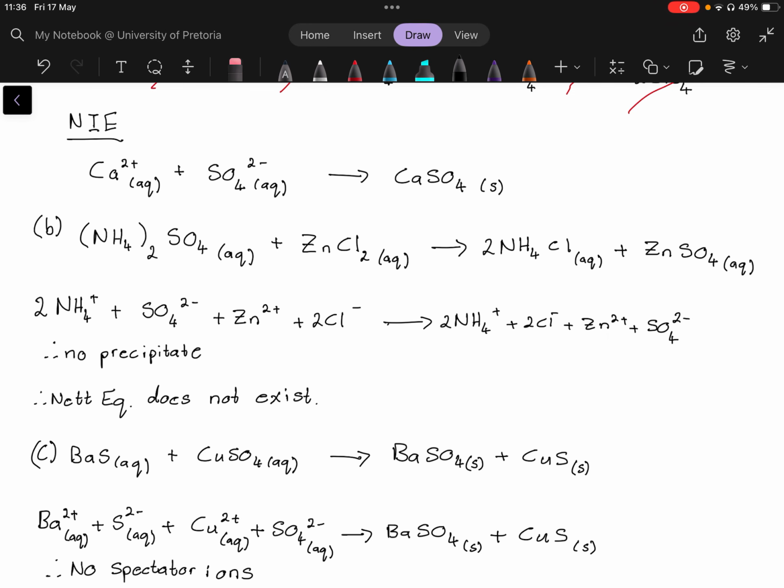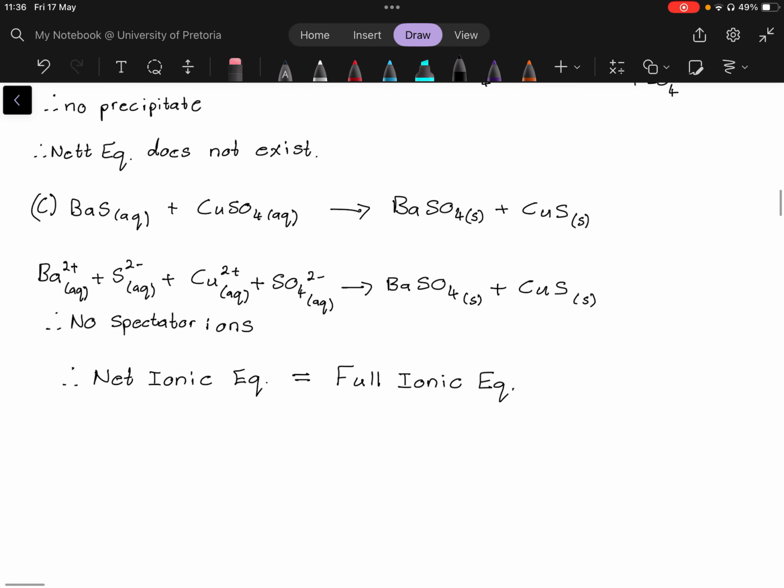So there's no net ionic equation. In fact, there's actually nothing happening. We can think of it as an exchange reaction, but it doesn't really have an effect. And in the final one, we actually form two precipitates. And hence we see that everything then participates in the net ionic equation, because there are no spectator ions.